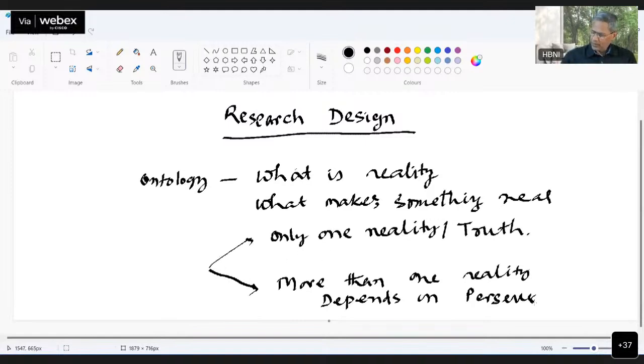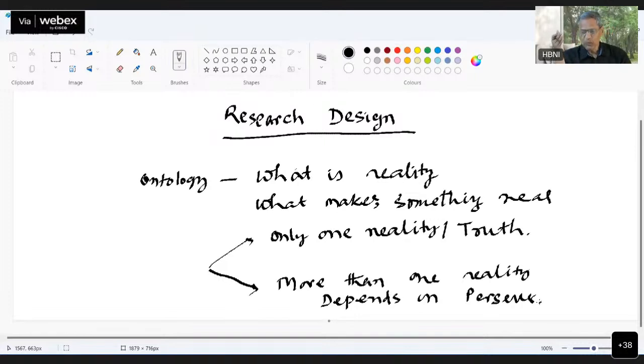Just for food for thought, I can tell you, what is the reality when you do the double slit experiment? Sometimes you say subatomic particles are waves. Sometimes you say they are particles.